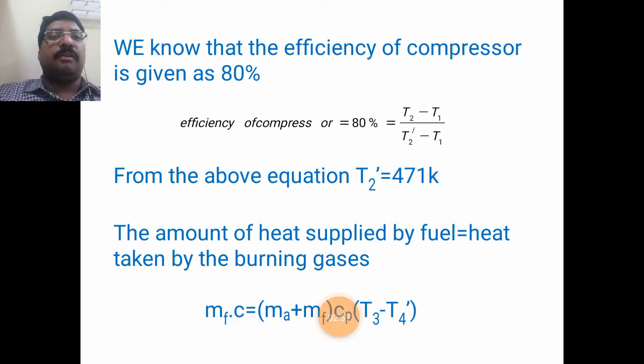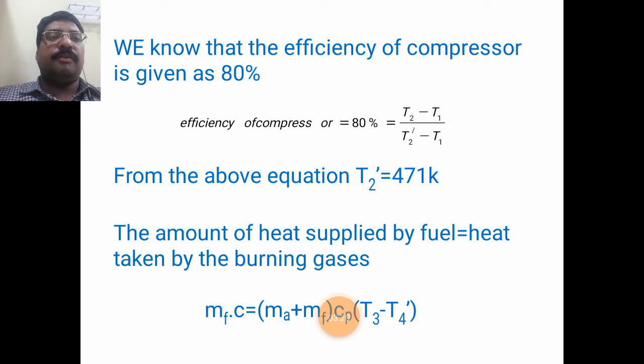Now the amount of heat supplied by the fuel is equal to the heat taken by the burning gases. From the heat energy condition, the amount of heat supplied should be equal to the amount of heat absorbed. Based on that condition, the heat supplied is mf into C, where C is the calorific value.